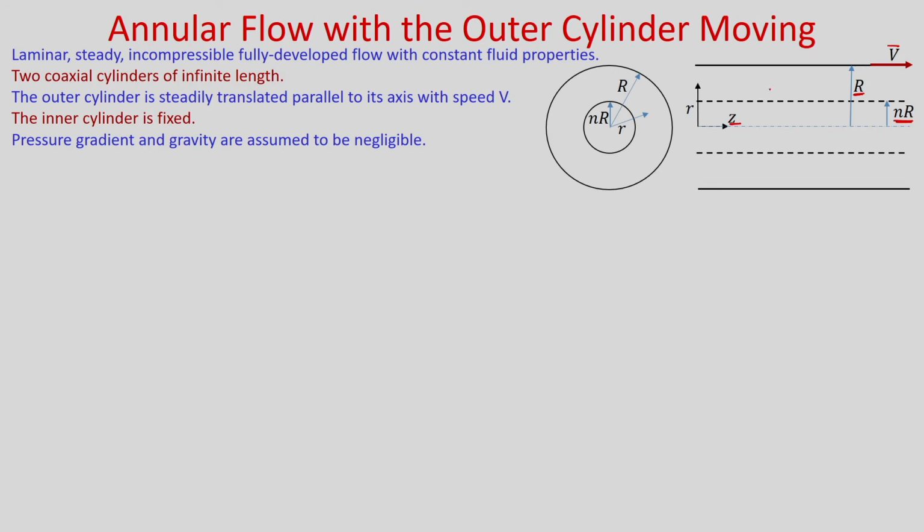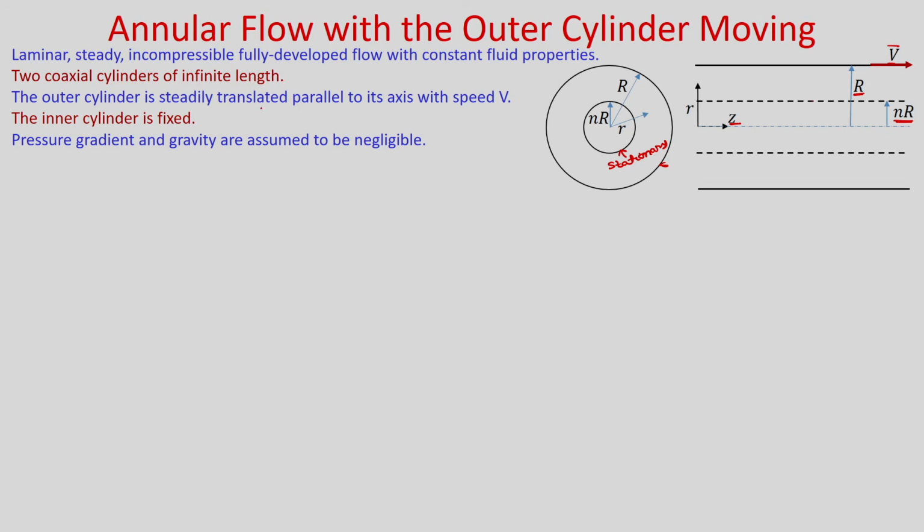These are coaxial cylinders, r is measured from the central line. This cylinder is stationary and this cylinder is moving with a constant velocity v, and we are assuming laminar, steady, incompressible, fully developed flow with constant fluid properties and two coaxial cylinders of infinite length.